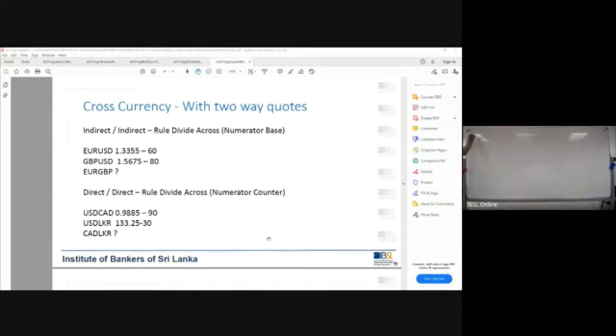Euro dollar 1.3355, 1.3360. Sterling dollar 1.5675, 1.5680. The question is, how much is euro sterling?